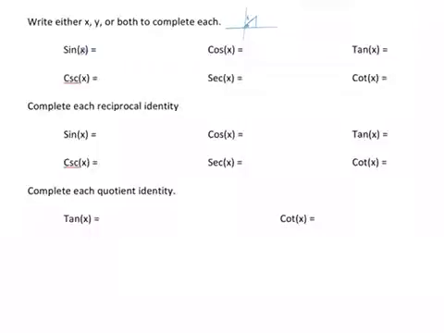Now this point right up here is some y distance off of the x-axis, and this point right here is some x distance away from the y-axis. So this point right here, for any angle, is going to be x comma y. Okay, that's where we get the unit circle.